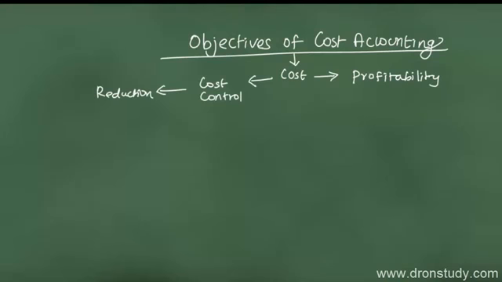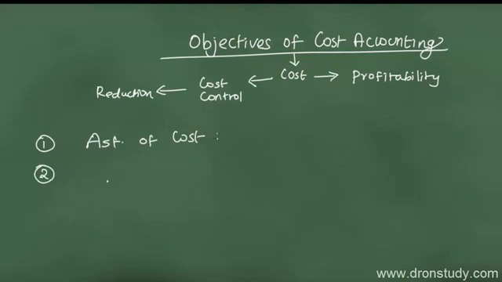To put it in detail, there are 5 objectives for cost accounting. Number 1 is ascertainment of cost. Here we will collect all the information related to cost by recording them in suitable heads of account. So such a report would facilitate ascertainment of cost.